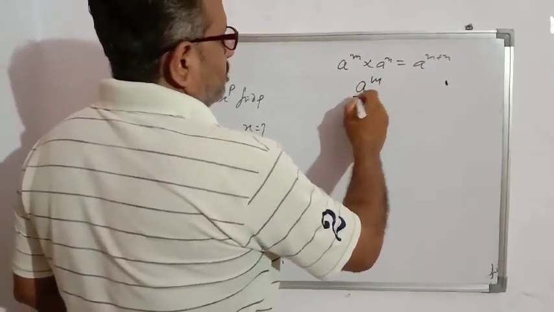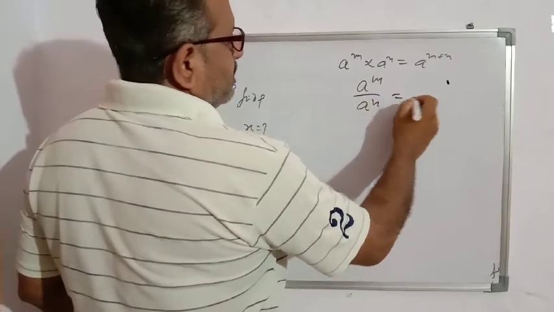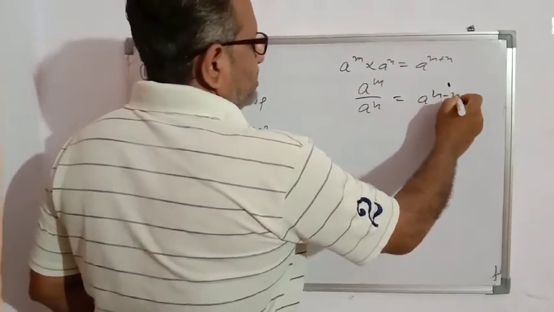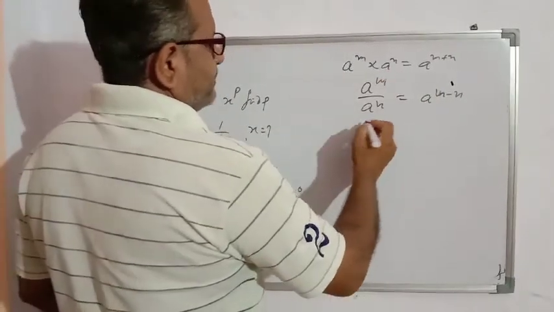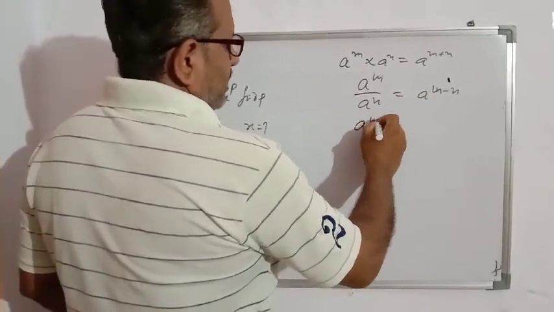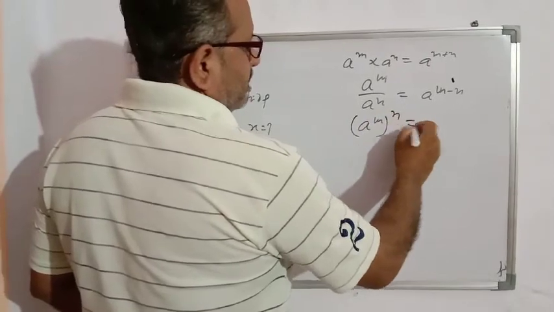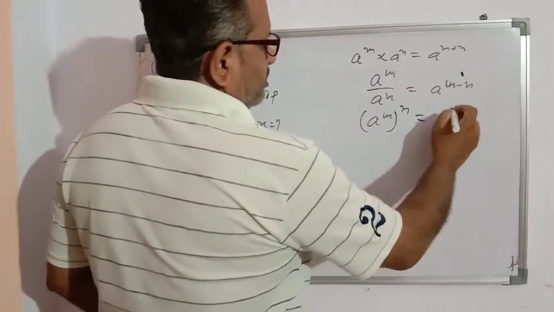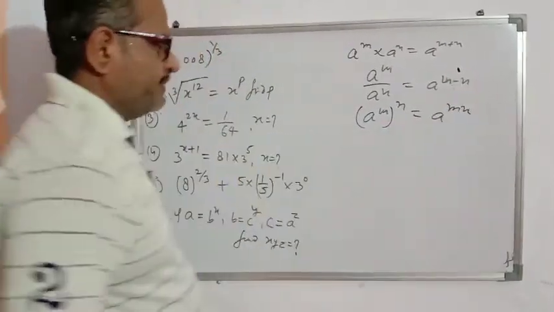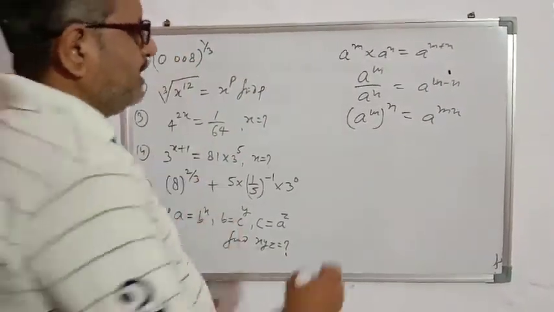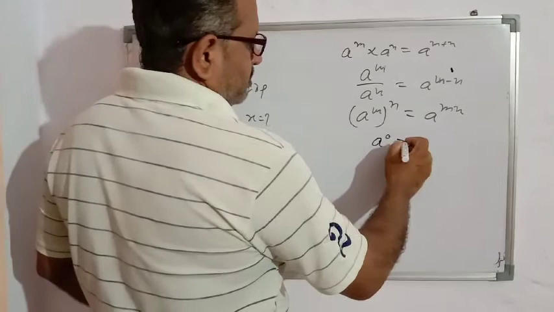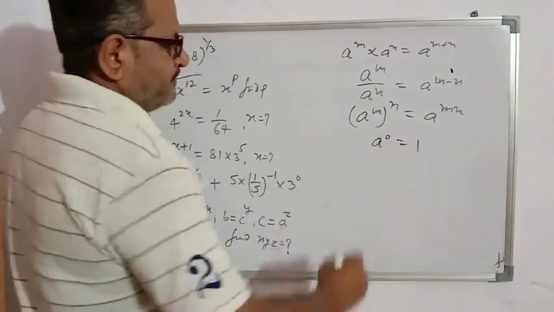Quotient rule: a to the power m divided by a to the power n, we write m minus n, a to the power m minus n. Power rule: a to the power m whole to the power n, we multiply both powers, m into n. So these are three basic laws of indices, and if the power is 0, we write 1.